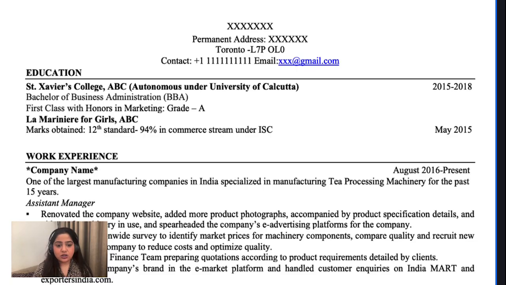Okay, so I'm just going to give you a little bit more detail. If you see on the top where I've written the X's is where your name is supposed to be, and then your address would be the second line, and then your contact number, your email. Try and give a contact number which is very accessible to you.